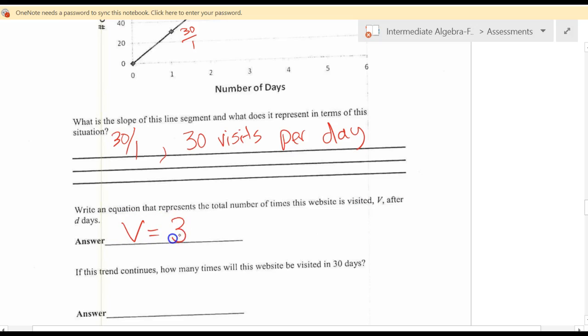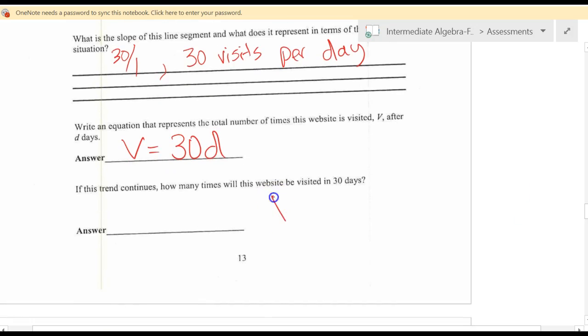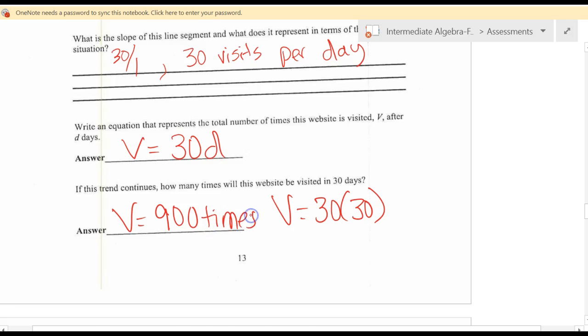So V = 30D. If this trend continues, how many times will this website be visited in 30 days? So we're going to substitute 30 in for D. 3 times 3 is 9. Add 2 zeros and we get 900 times.